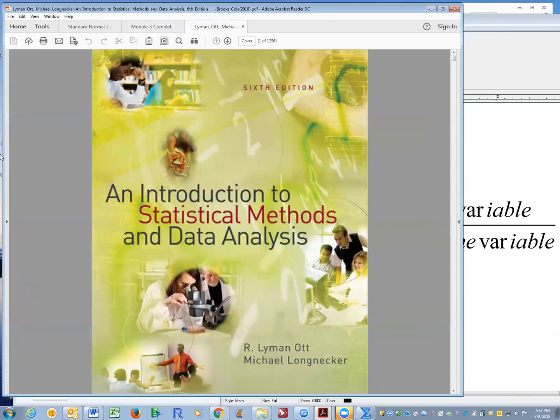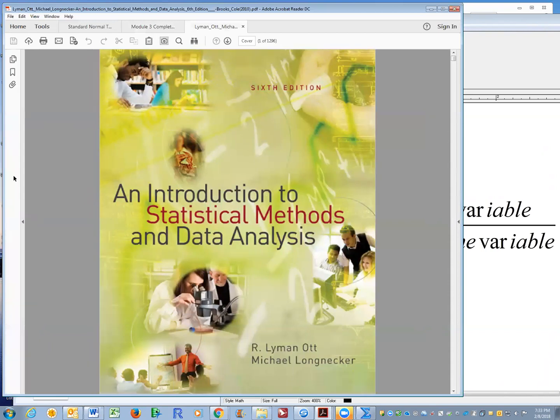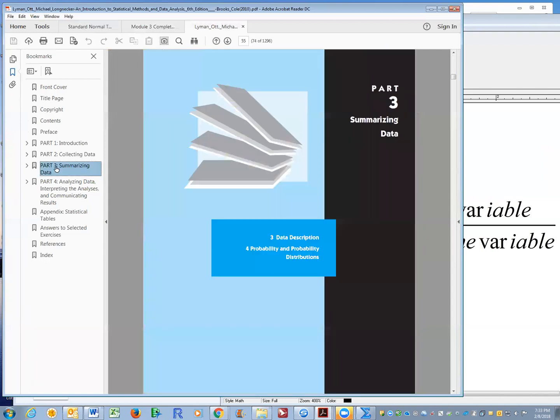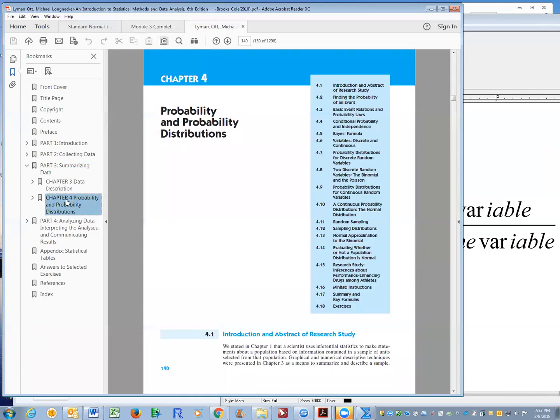I will say, in case y'all haven't noticed, I posted some videos that address some of the WebAssign problems. So depending on what question you ask me tonight, I might reference that, or we'll see how it goes. But as you pick your WebAssign problem, I'm going to look at the problem from the book's perspective. It's just easier for me to work with in this book as opposed to WebAssign. So first problem, WebAssign, chapter 4 stuff.